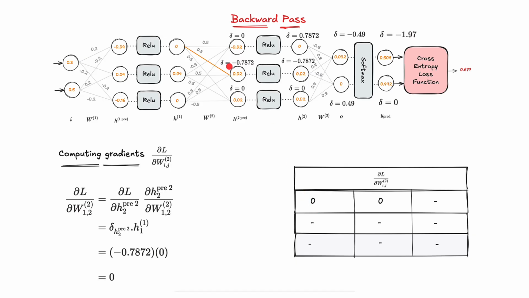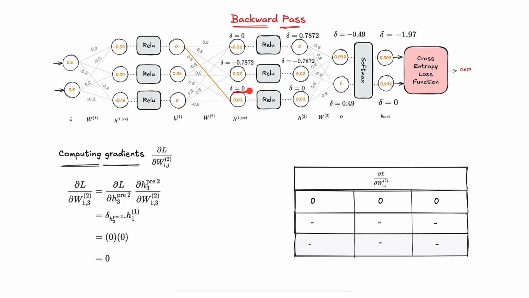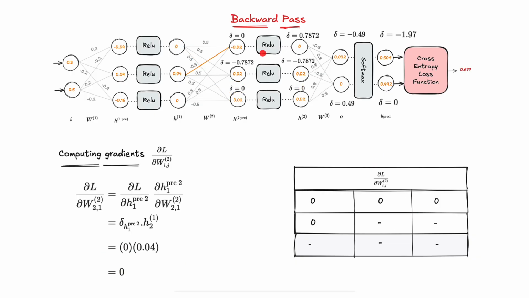Second case too, we use this pre-computed value here and then multiply it by this input 0, and you get 0. Similarly, again, pre-computed value 0 multiplied by 0, we get 0. Pre-computed value 0 multiplied by 0.04, you get 0. In this case, you have pre-computed value negative 0.7872. You multiply it by the 0.04.